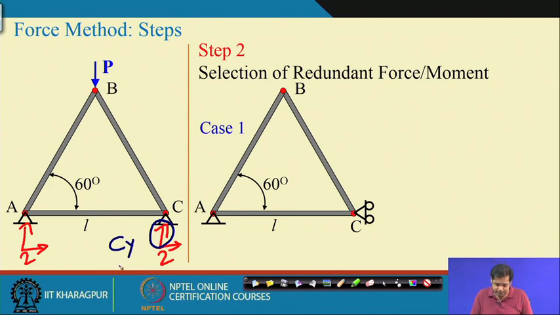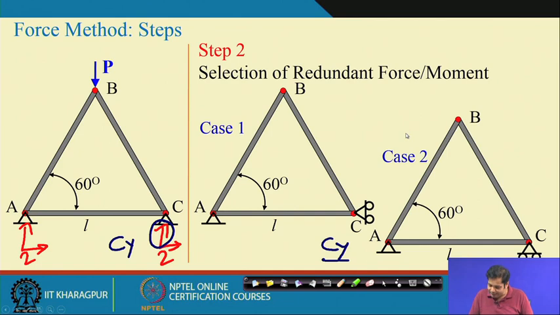If we take Cy as the redundant force, the basic determinate structure is this one, and there is no restraint at C in the y direction. Another possibility is we can take Cx as the redundant force. So there is no restraint in the x direction.